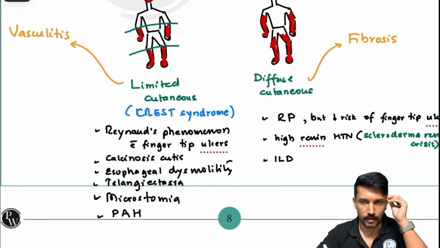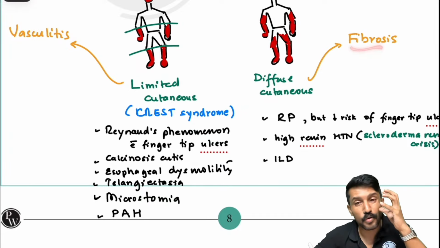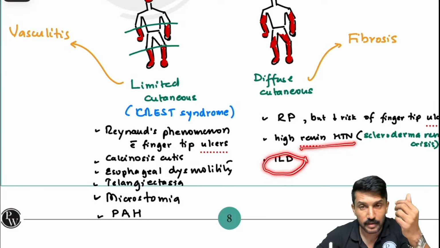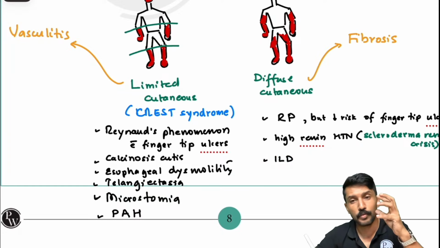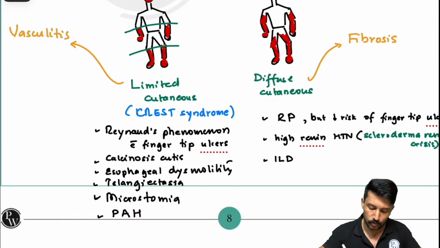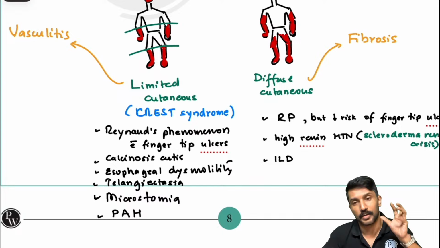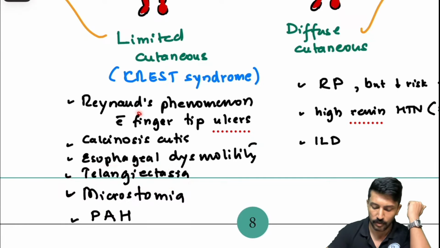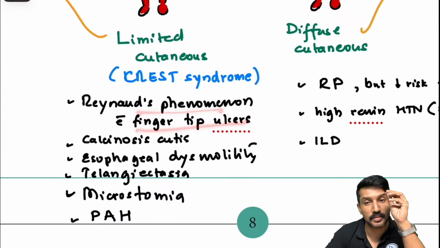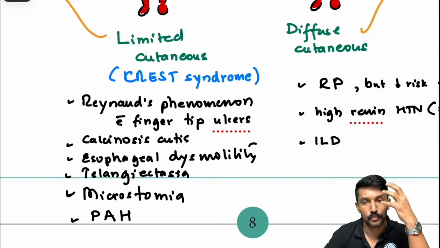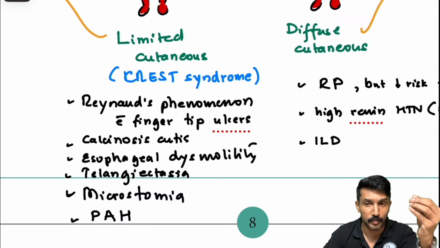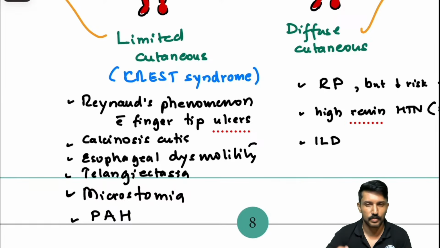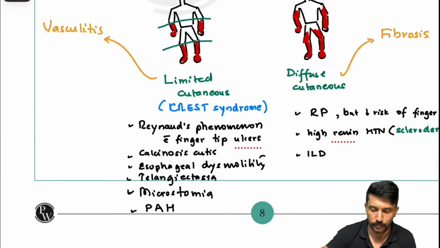In diffuse cutaneous, there is more tendency to cause organ fibrosis, like ILD and renal dysfunction. But in limited cutaneous, it's more about vessel damage. So that's why you're getting pulmonary arterial hypertension, telangiectasia, and Raynaud's phenomenon with digital tip ulcers or gangrene. So think about blood vessels when you think of limited cutaneous. Think about diffuse cutaneous when you think about organ fibrosis. That way you will be able to answer the differences.